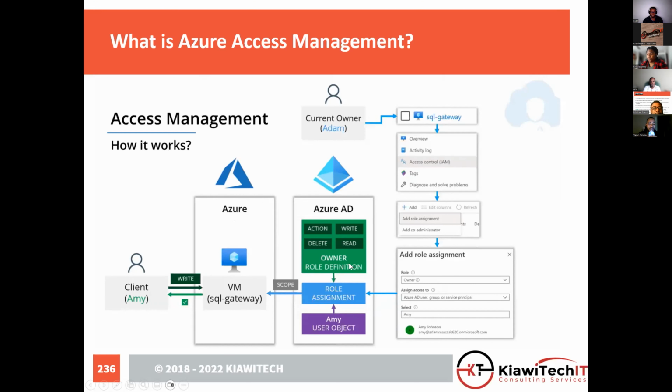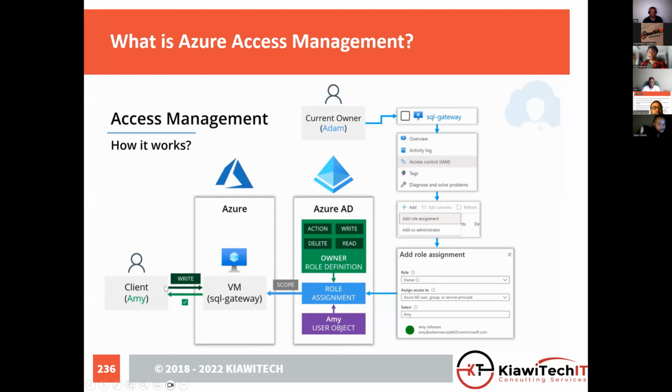What happens is, in the Azure Active Directory, you have what is called a scope, a role, and a feature that is required. Right? So now on the Azure Active Directory, Amy is given what is called a role assignment. She's assigned a particular role at a particular scope. I'm going to talk about scope very soon.